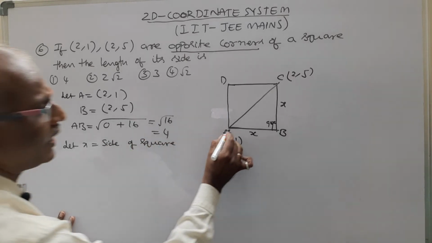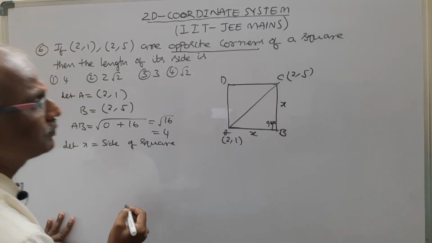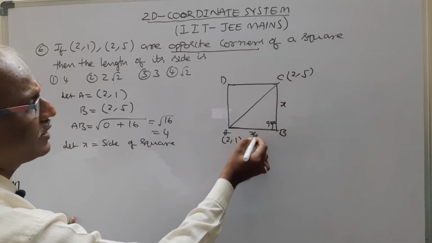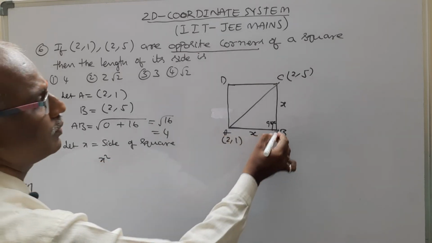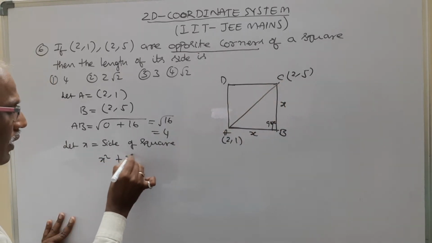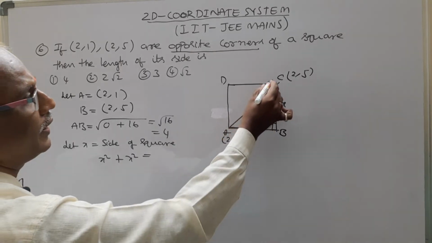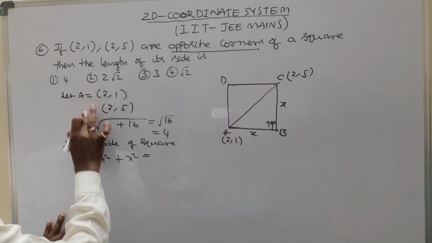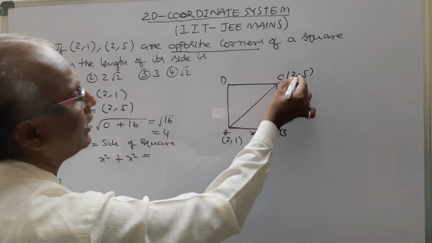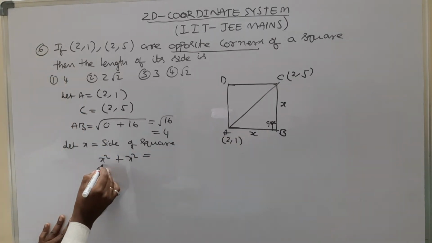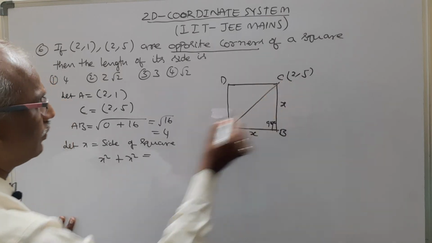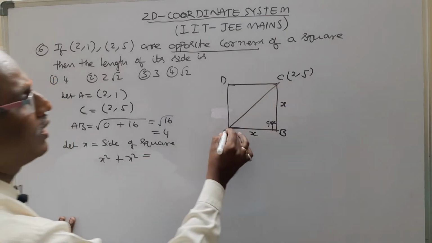By observing the diagram, AB side is x, so AB square plus BC square, BC also being x, equals AC square. C is the other diagonal endpoint.